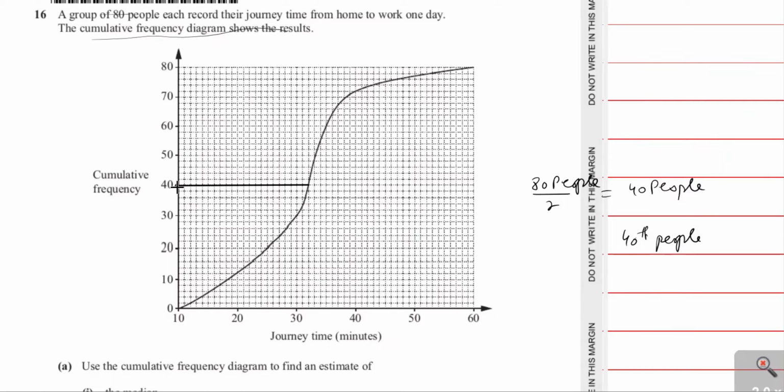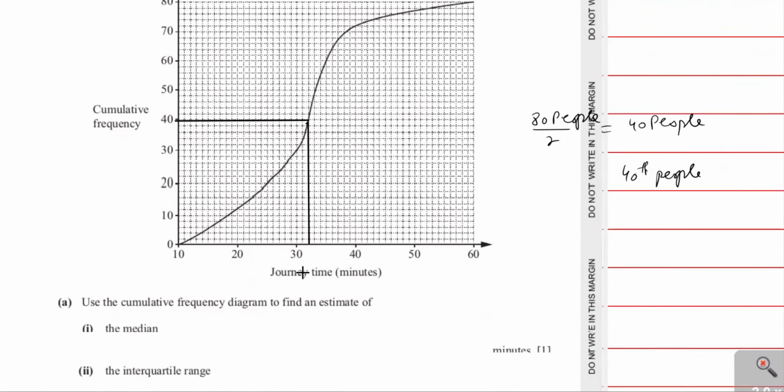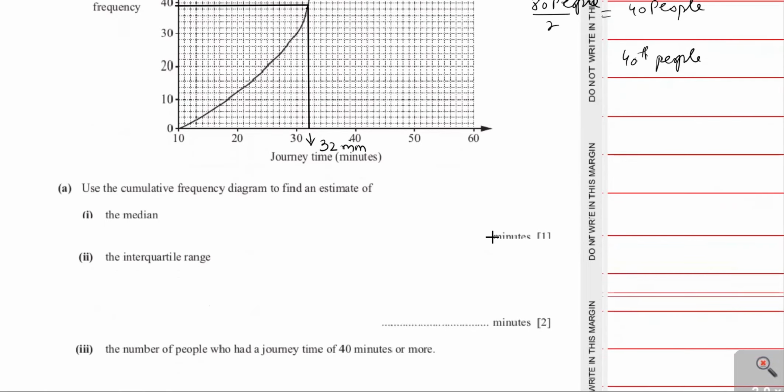We will draw a horizontal line from 40 and then a vertical line, and at this position the journey time is the value of the median. This is 32 minutes, and we write here 32 minutes is the median.